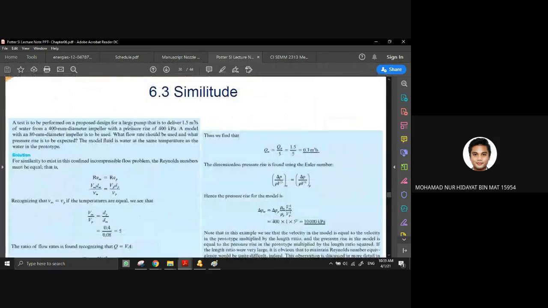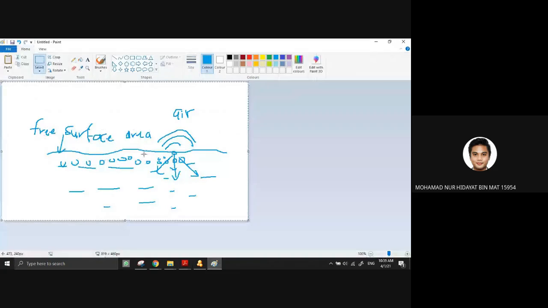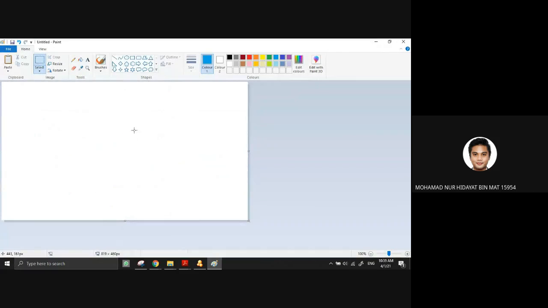So you know that the pump, okay, let me tell you. This is the pump. For example, this is a centrifugal pump.